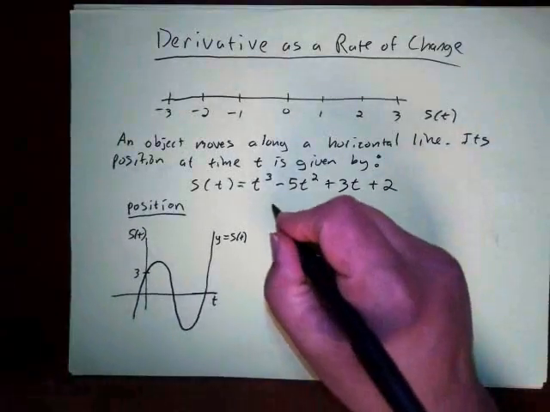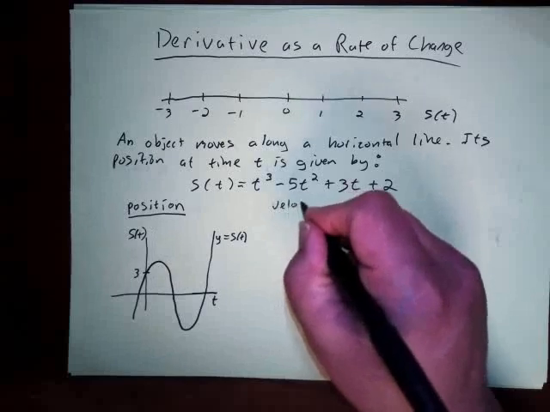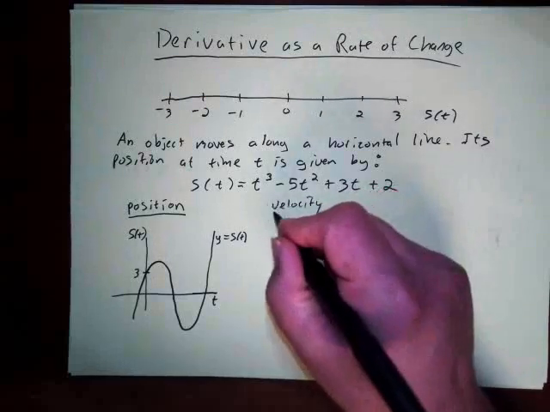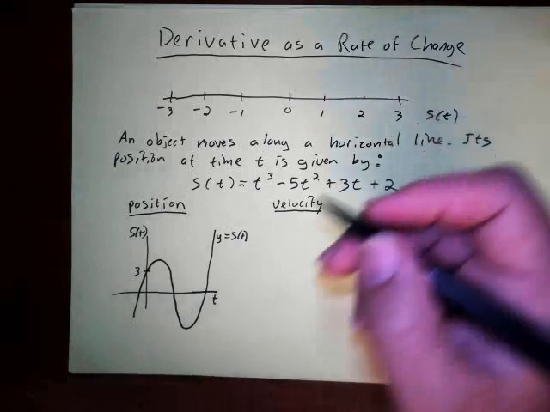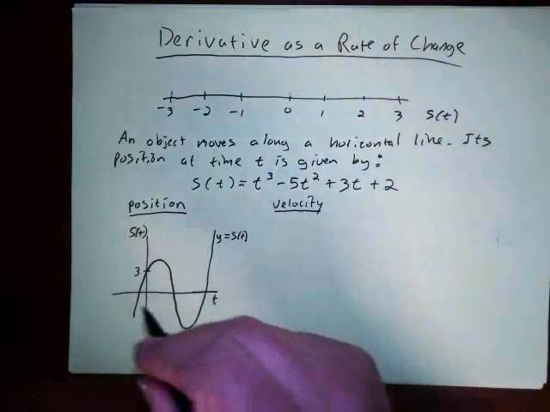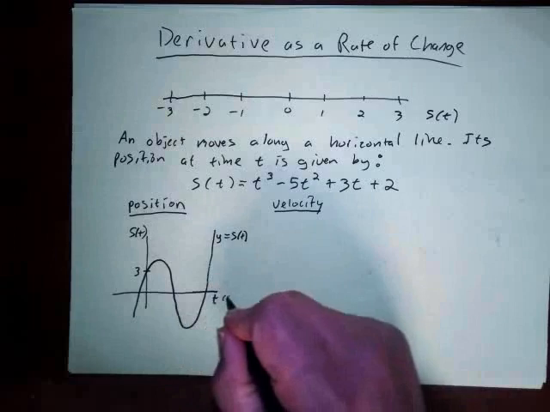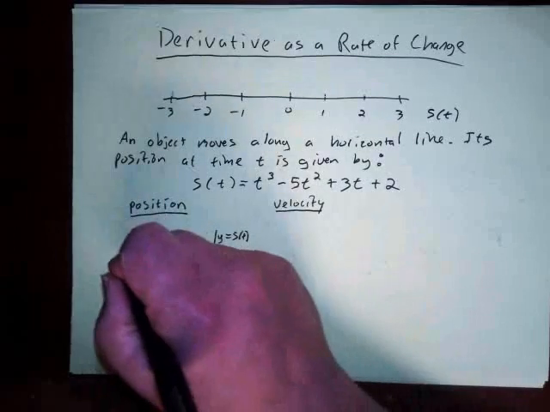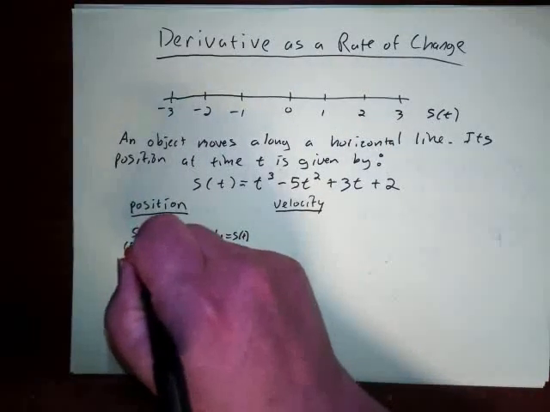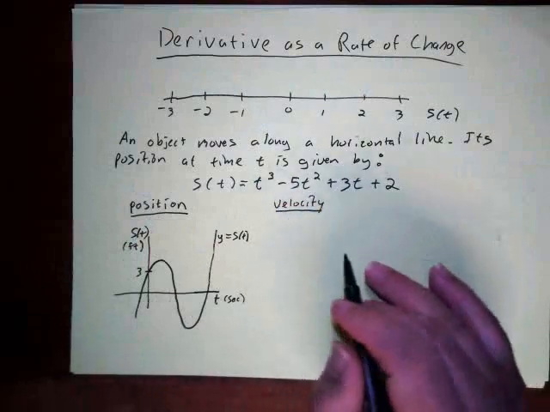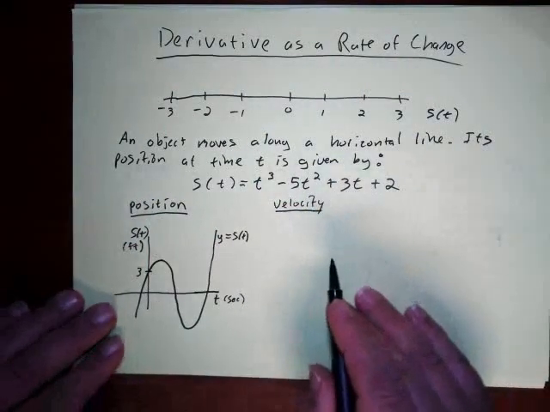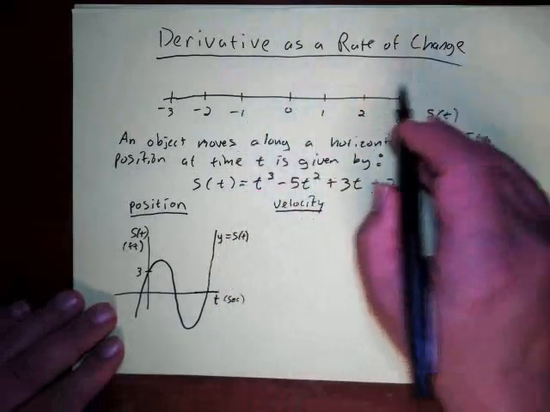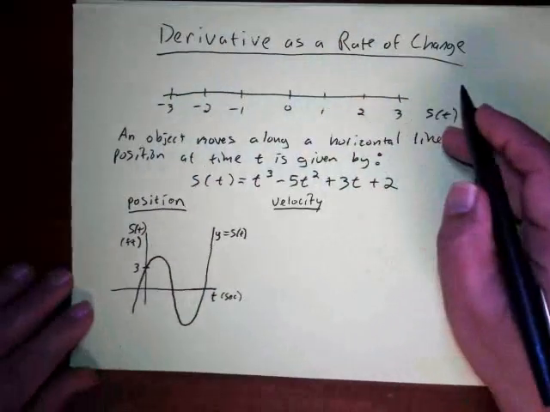Okay, so now let's consider the velocity of this particle. So the velocity is the speed of the particle. So suppose t is in seconds and this is in feet. So the velocity gives the rate of change, the feet per second that the particle is traveling at different times.